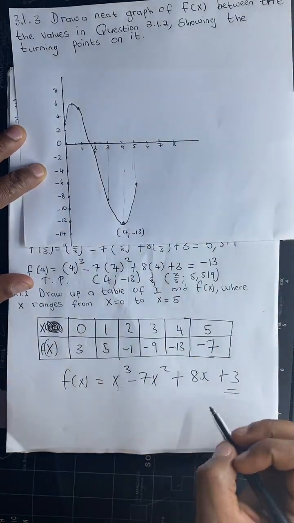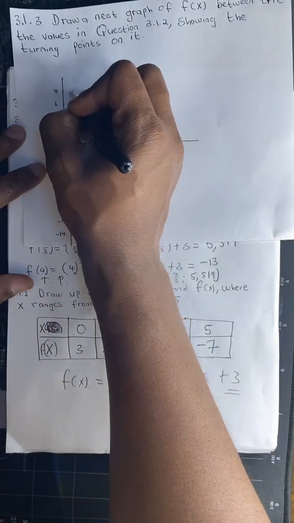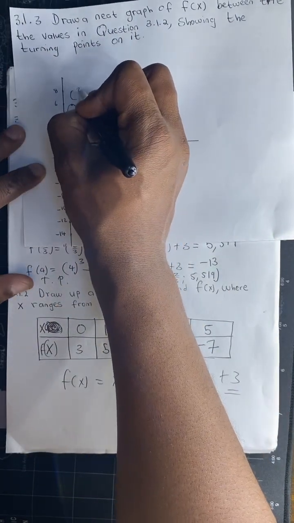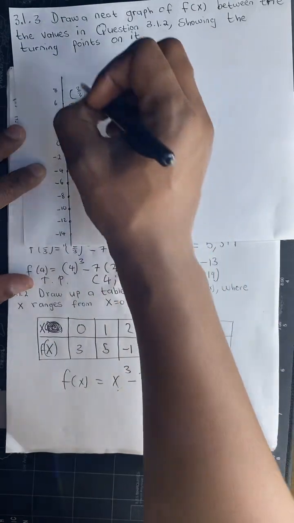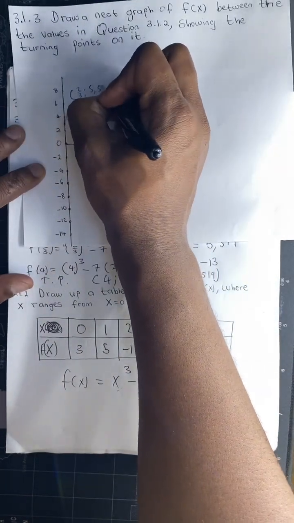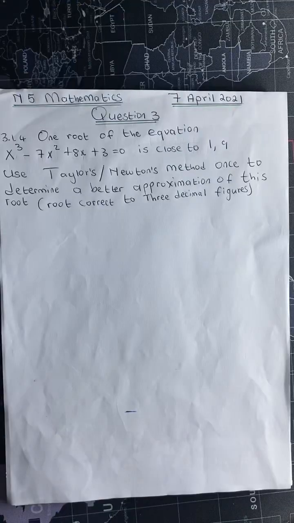And this is going to be our graph. Let's also define that turning point: 2 over 3 and 5.519.